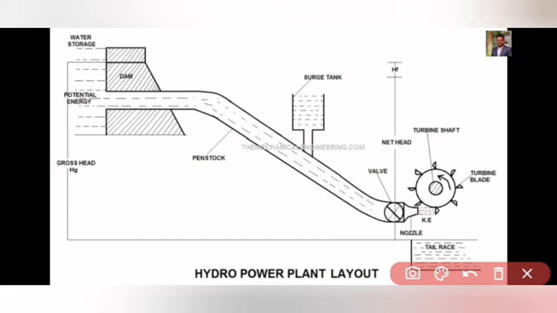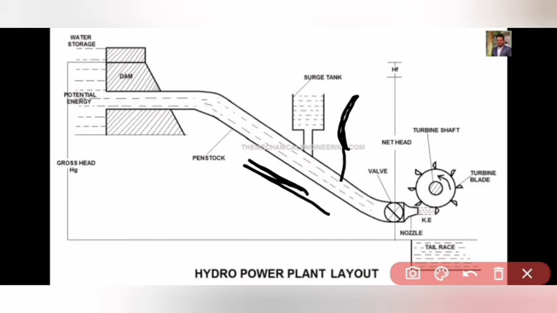While closing it, huge pressure will be exerted on the penstock. To reduce this pressure, we implement this surge tank. The surge tank is used as a protection for the penstock. It overcomes the pressure exerted during valve closing. So the surge tank is basically used for protection.